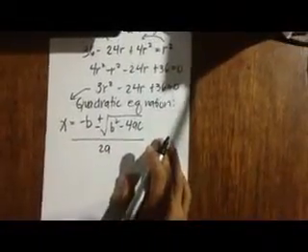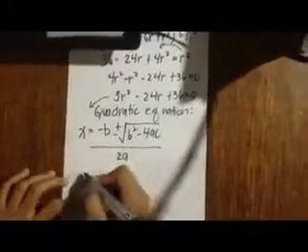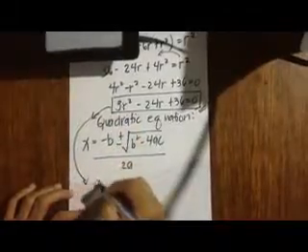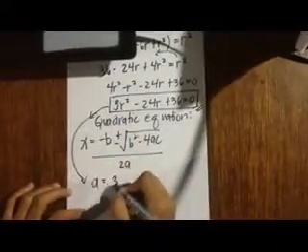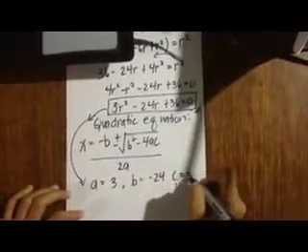So we have in here two roots because we are using square roots where we are evaluating. So from the equation, a is just equal to 3, b is equal to negative 24, and c is equal to 36.